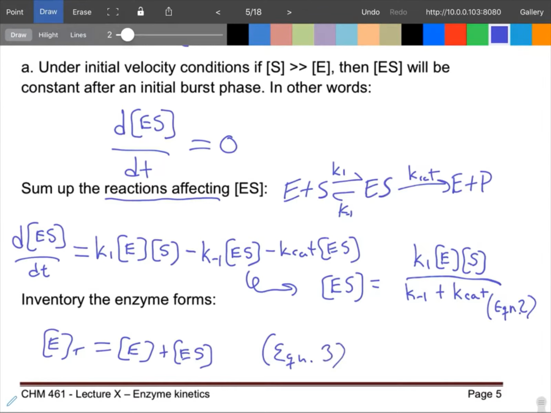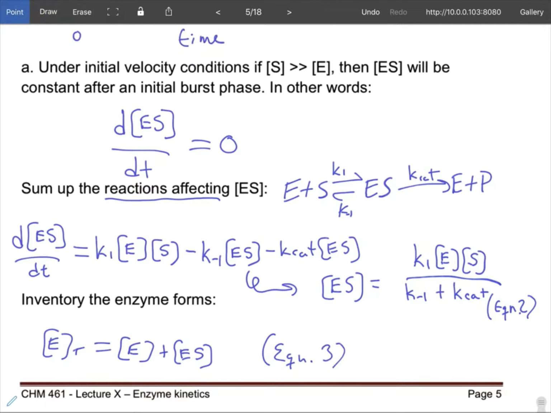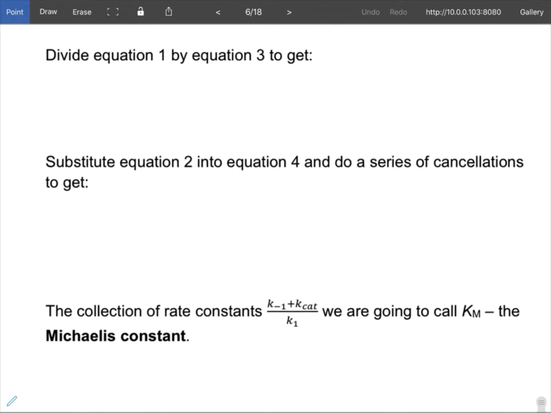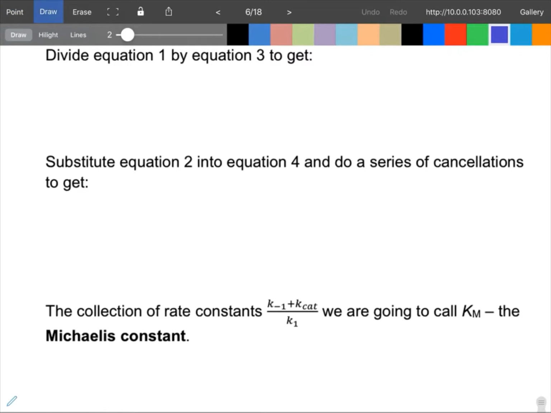All right, so now we have a way to express the free enzyme in terms of other things that we either know for sure or have already expressed. Okay, so a step closer. So now what we're going to do is divide equation 1 from a couple pages ago by equation 3. But we're going to do this in a clever sort of way. So remember, equation 1 was initial velocity equals Kcat times the enzyme substrate concentration.